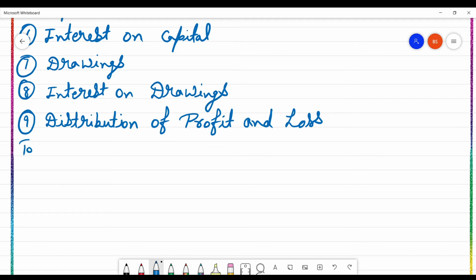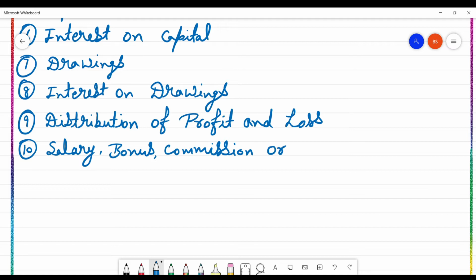10th, salary, bonus, commission or remuneration to the partners.